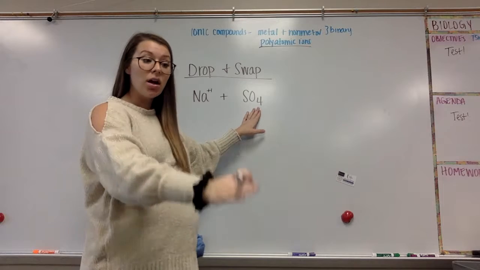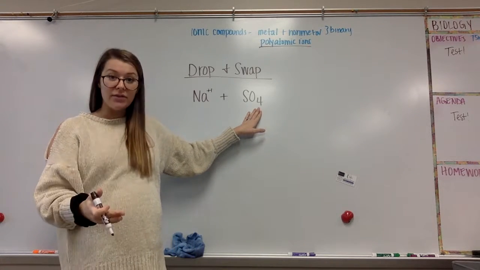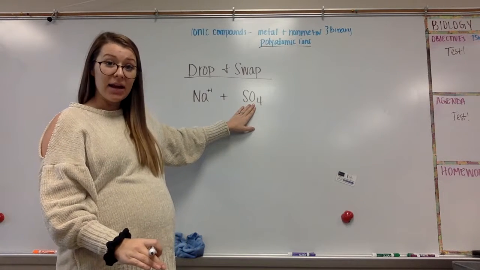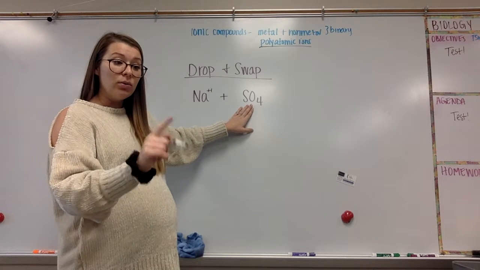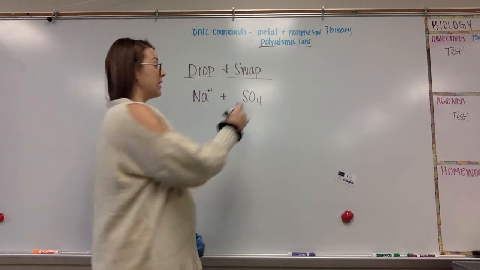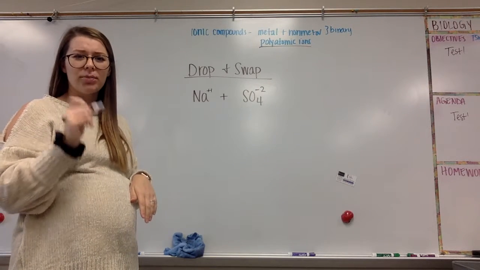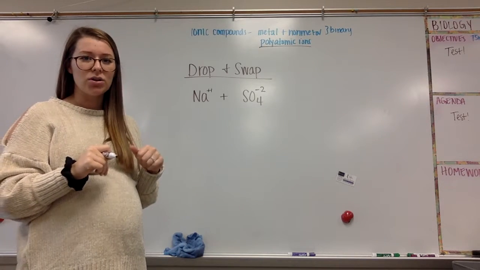These ions are all on your sheet, and you will get to use that sheet on a test. You don't have to memorize them, but you do have to be able to recognize that this is a polyatomic ion and that it's not on the periodic table. This sulfate, if you look at your polyatomic ion sheet, has a -2 charge. And I think on your polyatomic ion sheet it says 2 negative. It's just the same thing as a -2 charge.